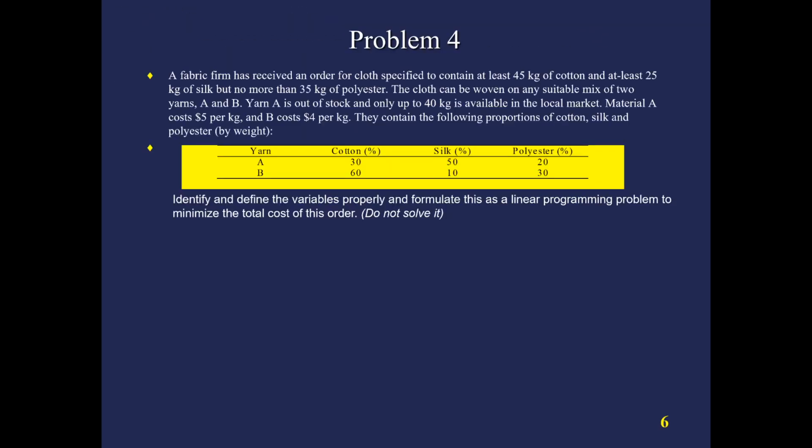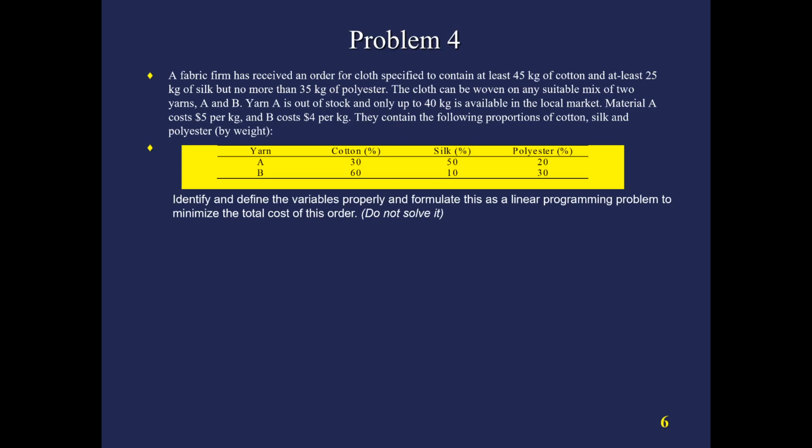All right. Here's problem number 4. A fabric firm has received an order for cloth specified to contain at least 45 kg of cotton and at least 25 kg of silk, but no more than 35 kg of polyester.